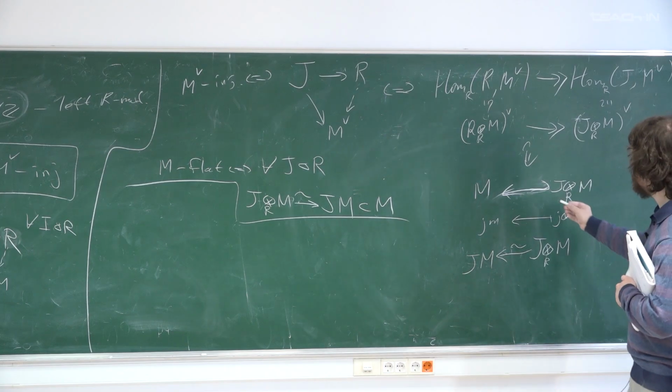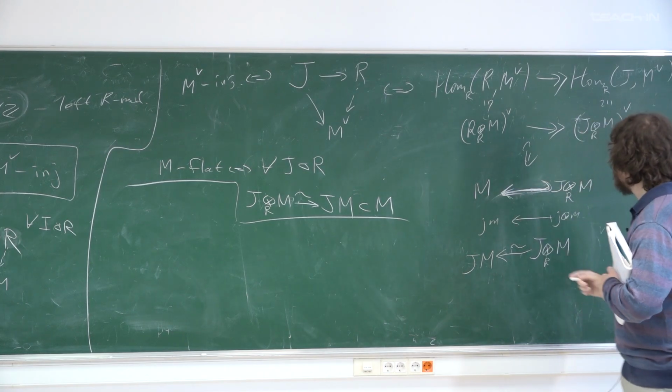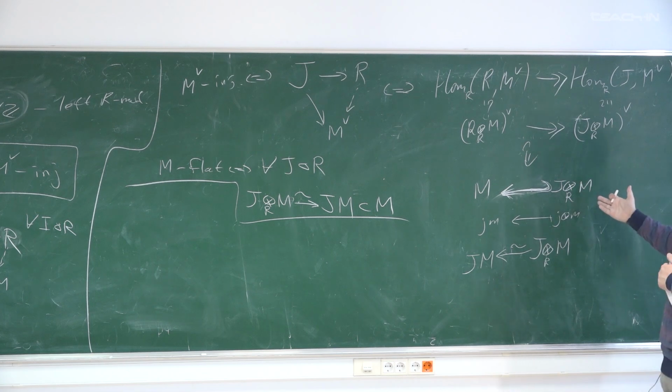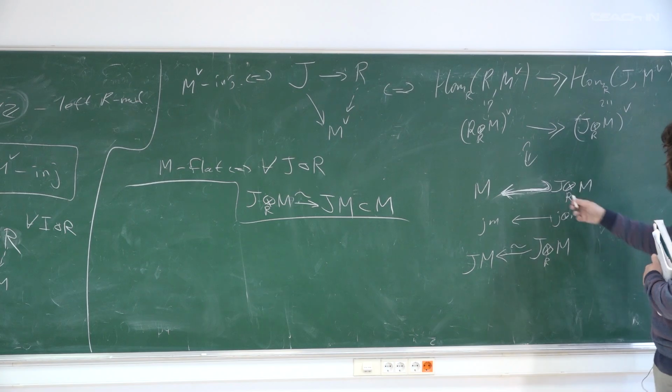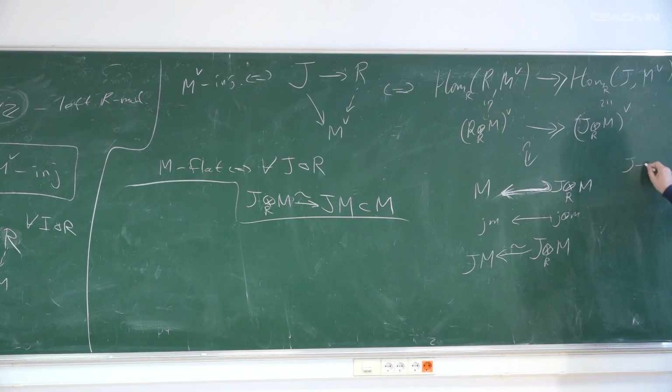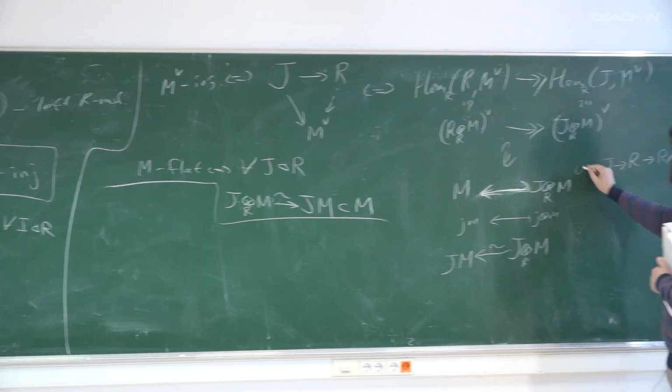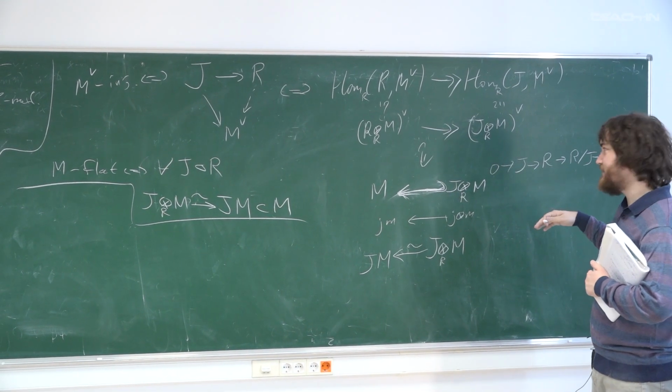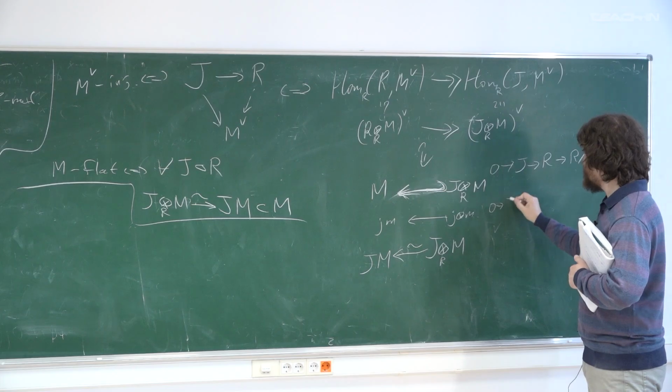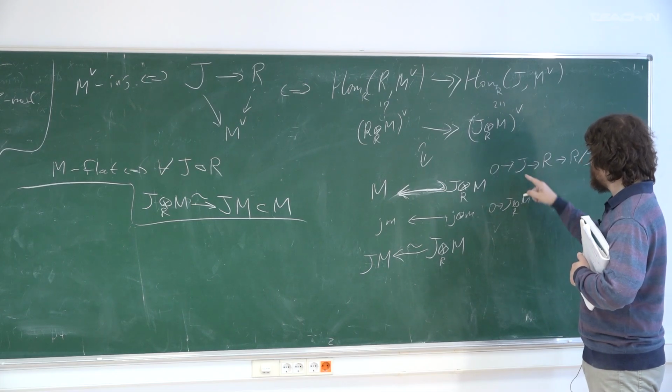What does it mean that this map is an injection? What's the kernel of this map in general? I have the short exact sequence J, R, R over J, and I apply the tensor product with M. I obtain J tensor M. This is my map.